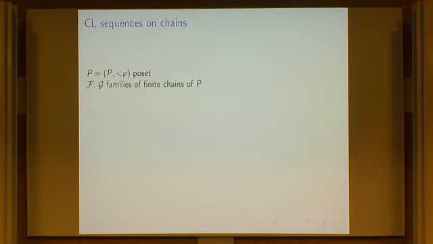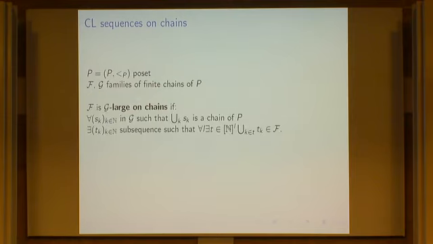So I have a partially ordered set, and I have two families which are formed only by chains on this partial order. And I say that F is G-large on chains if something similar as here happens, but I restrict myself to sequences whose union is a chain in the order, okay?